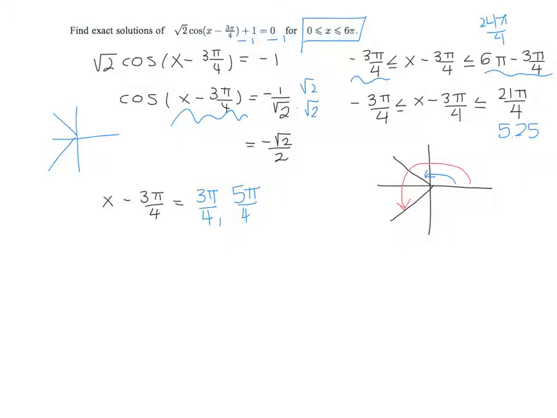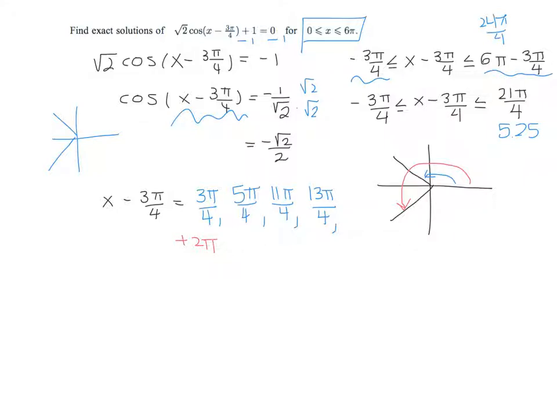So let's see if these answers fall in range. In order to find the next angle, you'll be adding 2 pi, which is going to be 8 pi over 4. So your next answer will be 11 pi over 4. Adding 2 pi, you get 13 pi over 4. Let's keep on adding until we hit 21 pi over 4 or less.